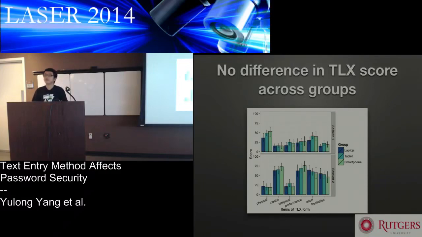I just had a question about the TLX task. When you use the NASA TLX instrument to measure task load, do you know whether the task itself needs to be of some minimum duration before the TLX test is effective?